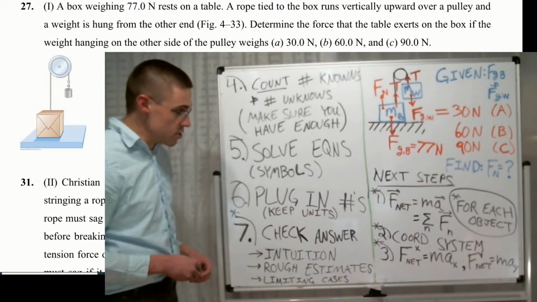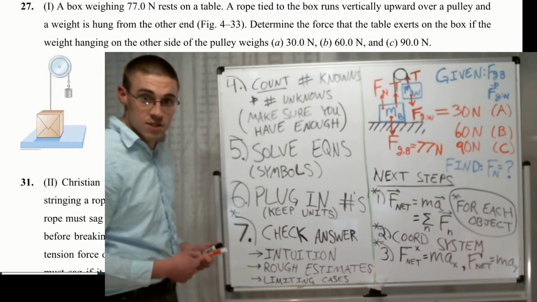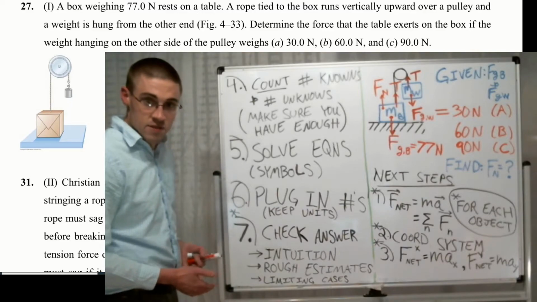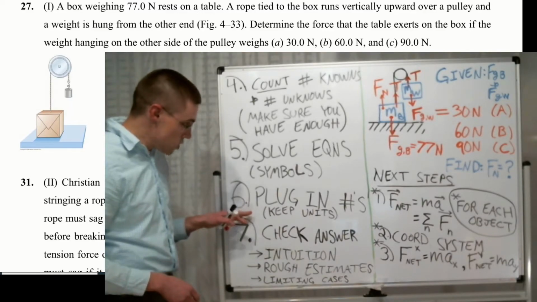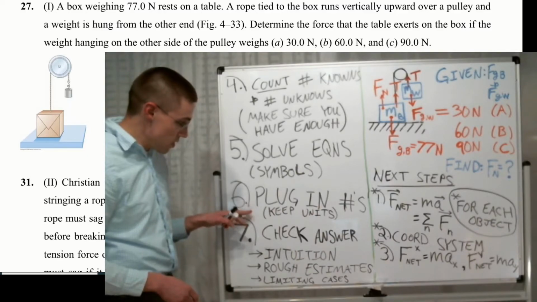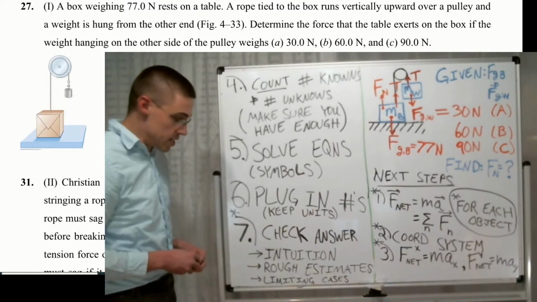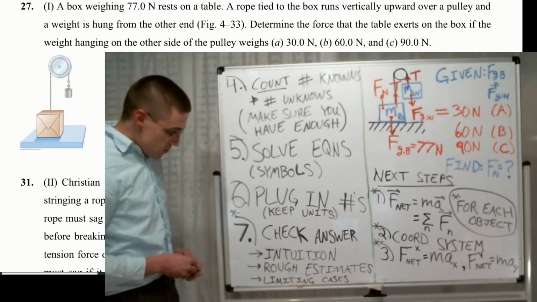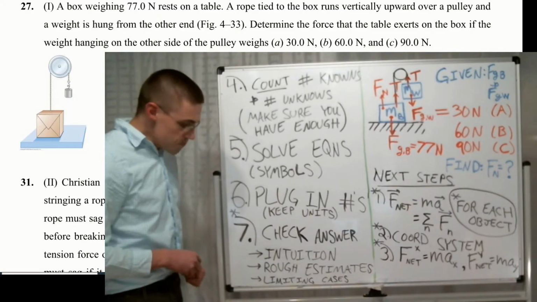If at the end you're supposed to find a force and it comes out in units of meters per second squared, then you must have at some point forgotten a mass, dropped a mass. And so if you keep your units along in there while you plug in numbers, you will have that nice check on your answer. Okay, and then finally, step 7, check your answer. And there's a lot of different things that you can do to check your answer.